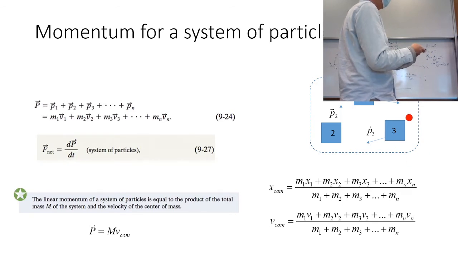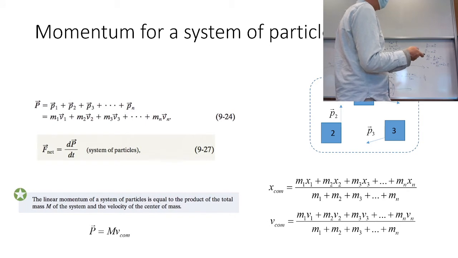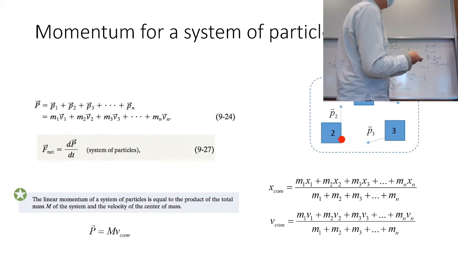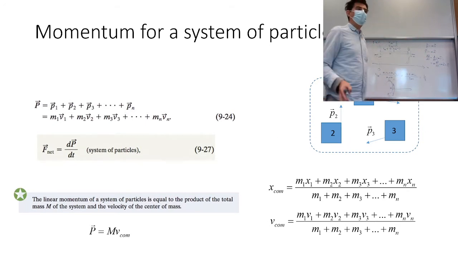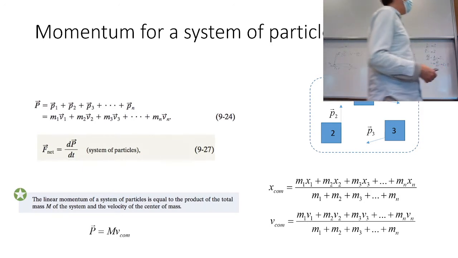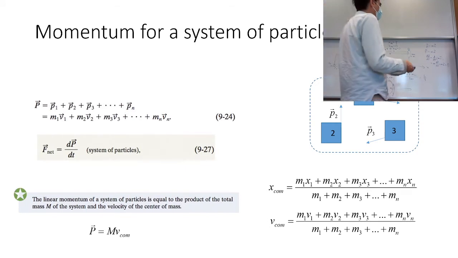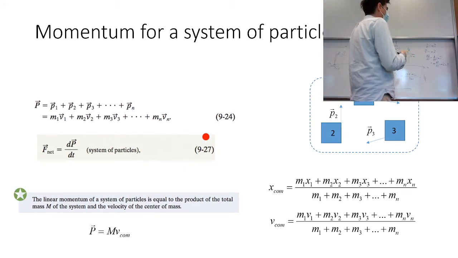If we've got three particles here, this one's got momentum this way, this one's got momentum that way, and this has got momentum this way, then the total momentum is simply the vector sum of these three momenta. And so we can define the total momentum like this. So obviously it's equal to that.